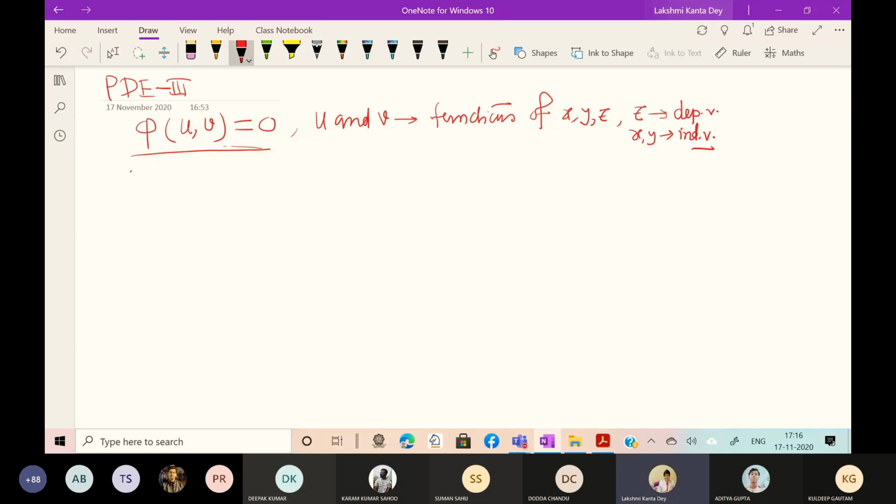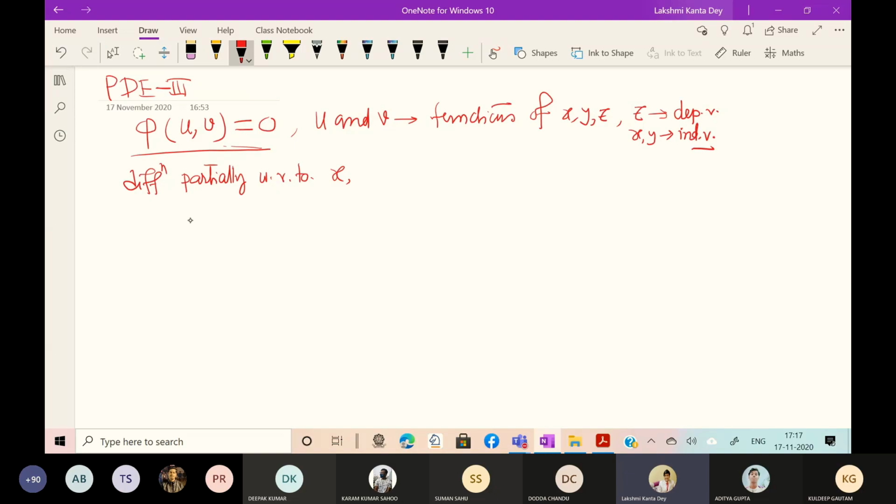differentiating partially with respect to x, what do we get? I try to remind you that you have to recall this so that it will be beneficial on many occasions.